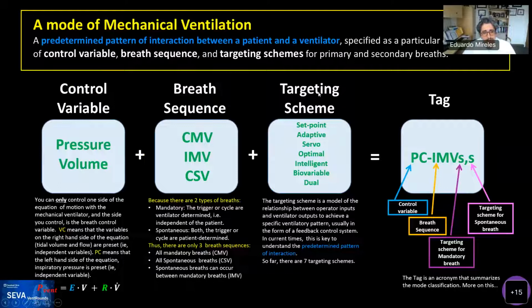The combination of these 3, just to summarize, we term a tag or taxonomic attribution group, which is a summary of what is controlling the breath, the sequence, and the targeting scheme. This is key because it helps us understand what the mode actually does. We'll see some examples today of why it is important to know exactly what the tag is.